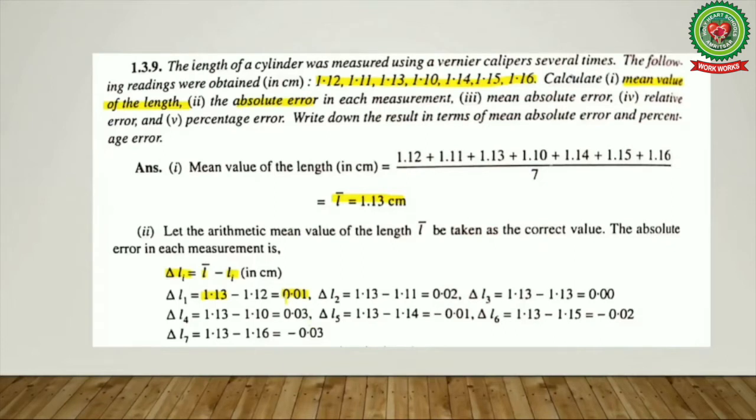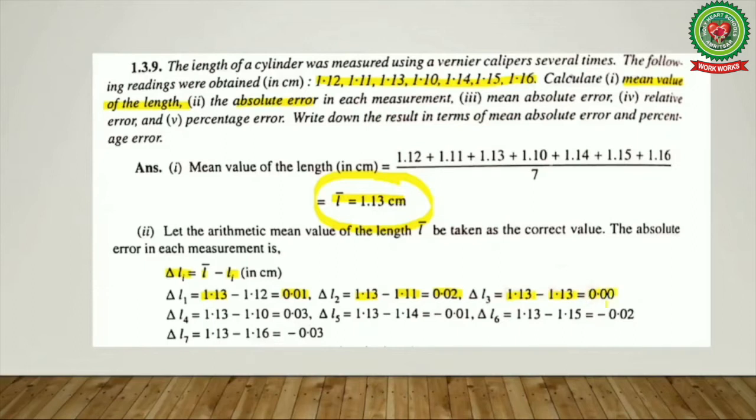Remember, absolute error is found for each reading. In the next reading, again the true value 1.13 minus the individual value. The next individual value is 1.11. You will subtract 1.11, and the answer will be 0.02. Similarly, the third reading is 1.13, the same as the true value. 1.13 minus 1.13 gives you 0.